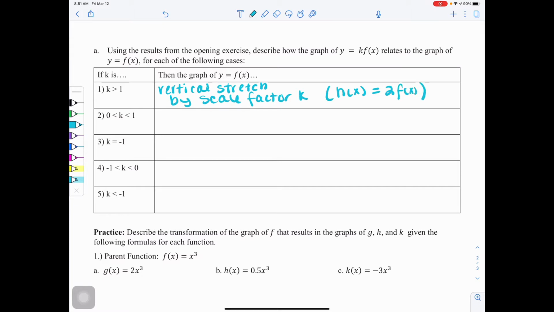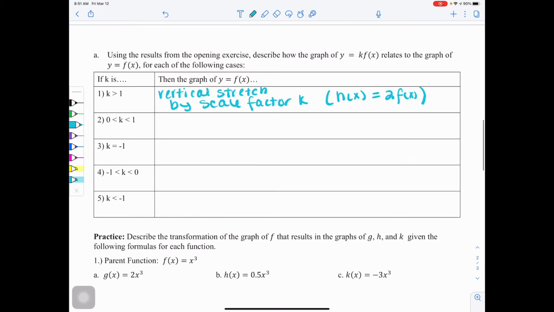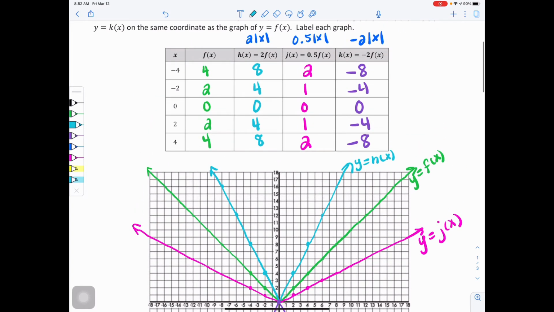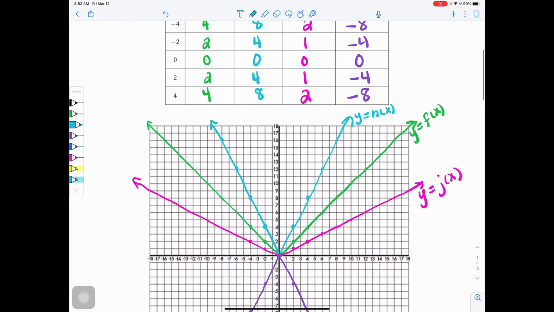Now the next one, part 2, is when it's between 0 and 1. So we have an example of that. If I go back and look at j of x is in pink, and we multiplied by 0.5, which is between 0 and 1. So if I look at green compared to pink, you can see that it got wider, which means it was actually a vertical shrink. Remember what I said to think about dough. You took your hand and you flattened it on the top.